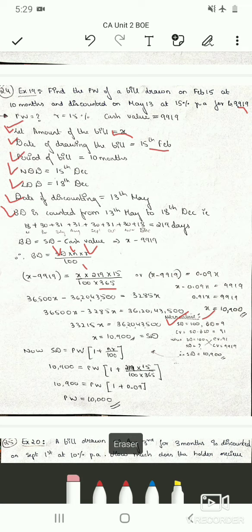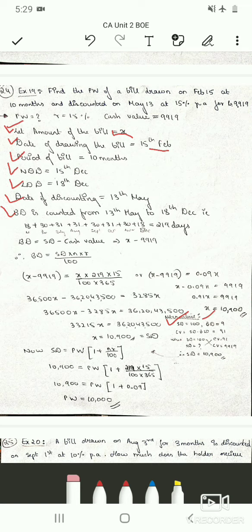So in this formula, when you substitute, you will get banker's discount as 9. Then we can find out cash value. So what is cash value? It is sum due minus banker's discount. So you get cash value as 91.